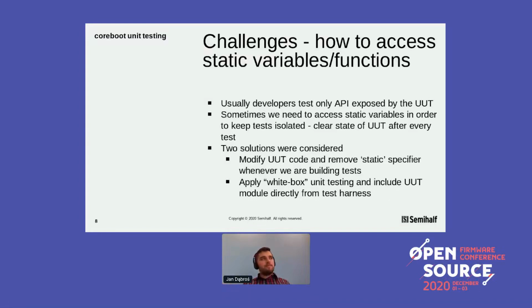For example, a lot of modules have a global static variable which is used to keep the state of the whole module across different functions from the API. And in the test, you need to clear the state of this module in order to have test cases isolated from each other.